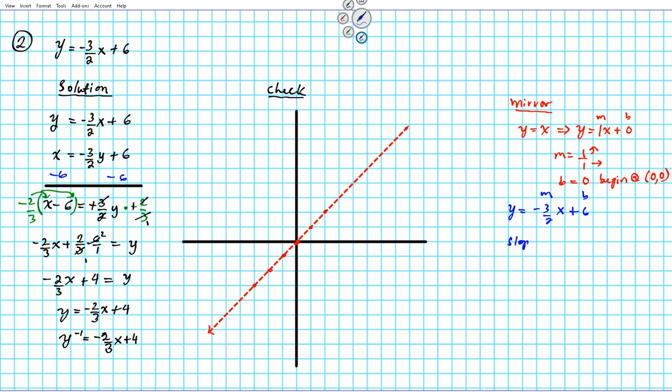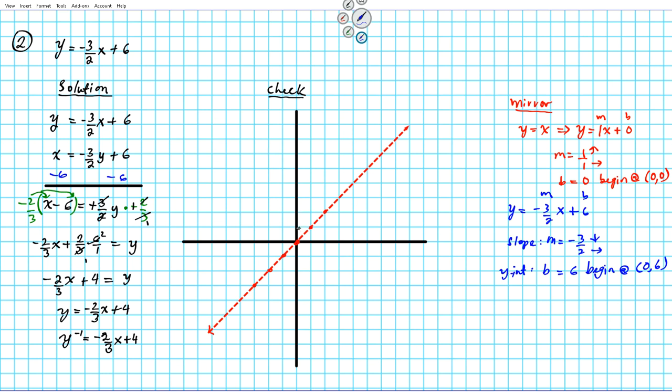Slope m is negative 3 over 2, so we're going to fall 3 and run 2. We're going to begin at 6, our y-intercept, at 0, 6. All right, let's graph it.